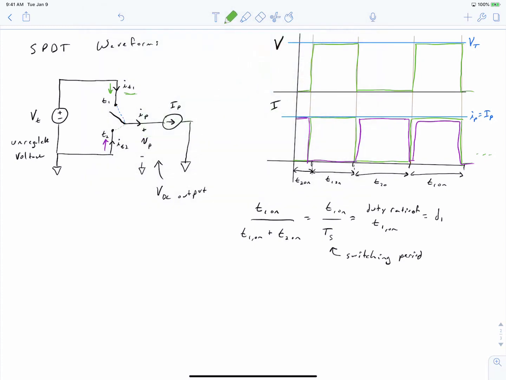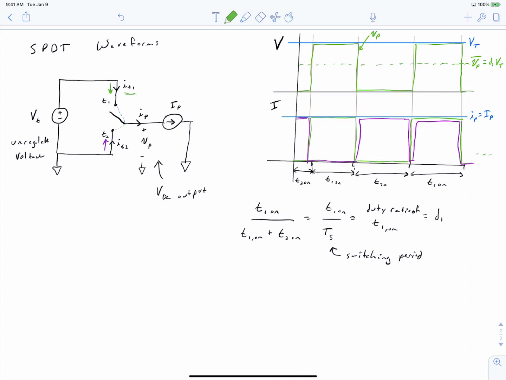So clearly, the voltage at our pole, which was this quantity, we can calculate the average of that in terms of D1 and the throw voltage. So this has an average value that looks something like this. And I'm putting the bar over the top of the quantity to indicate that this is an average expression.